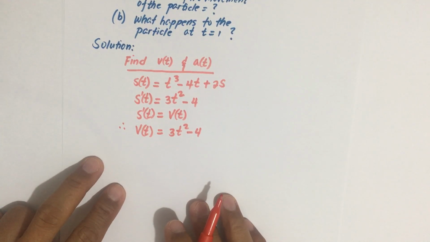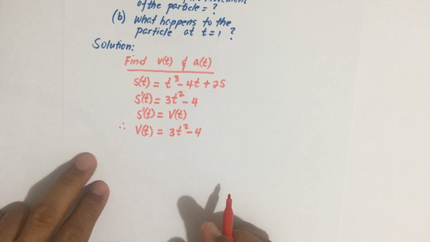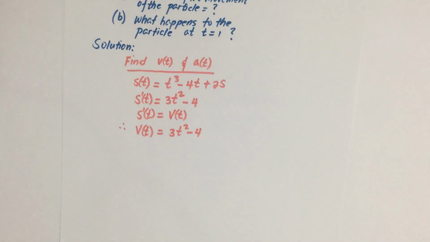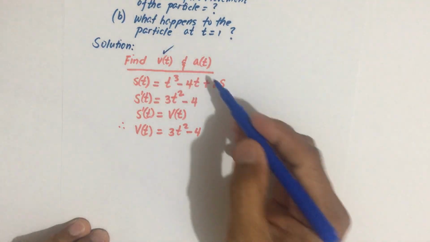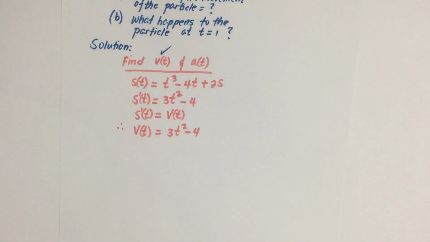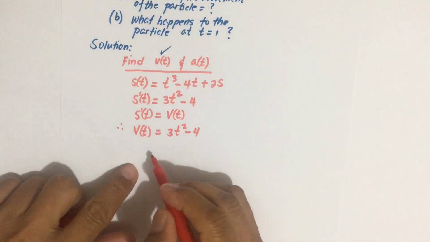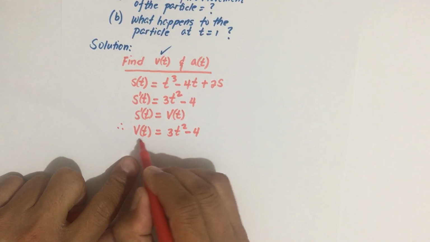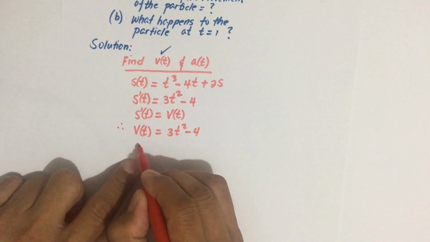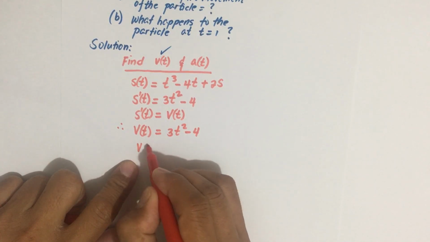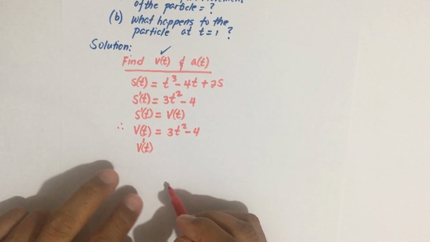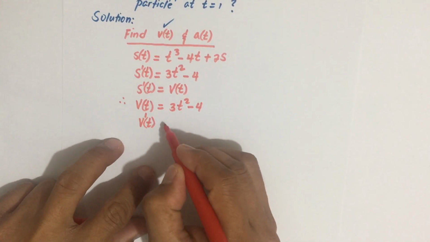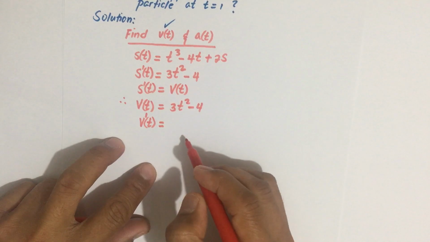Alright, and we need also to find a of t. So v of t is already done. So we need to find a of t. So we know that if you take the derivative of v of t, so v prime of t, what is the derivative of this?